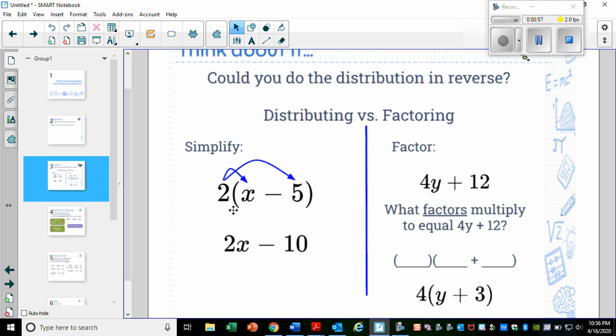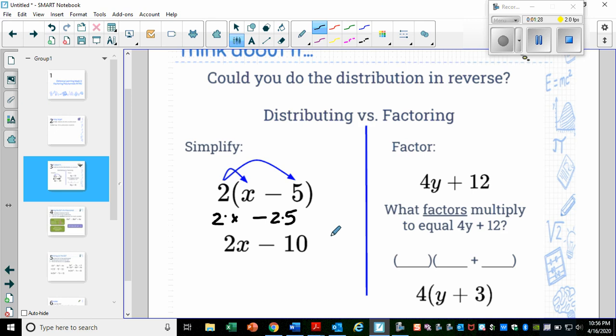So of course, we multiply 2 times x, and in this case, minus 2 times 5. 2 times x, 2x, 2 times 5, 10. Of course, the minus sign, that separates the two terms.